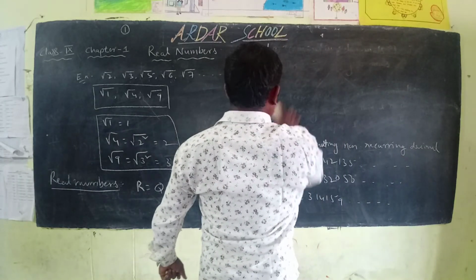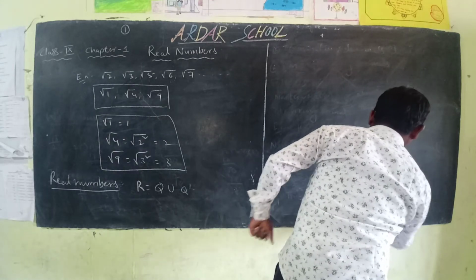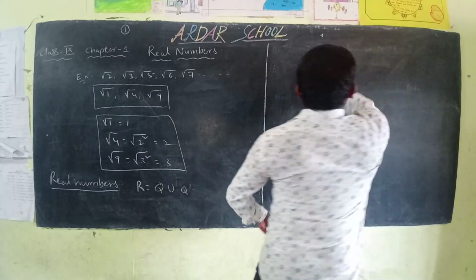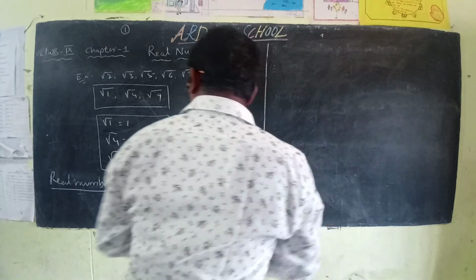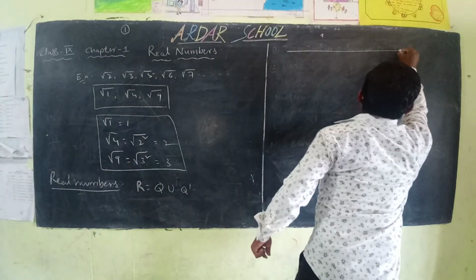Real numbers can be represented as a diagram like this.